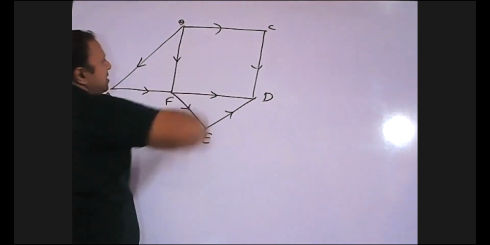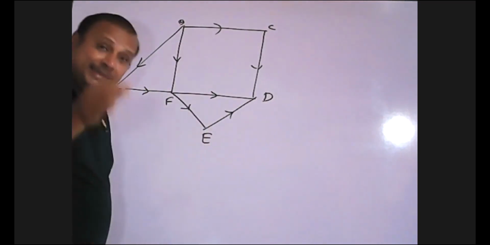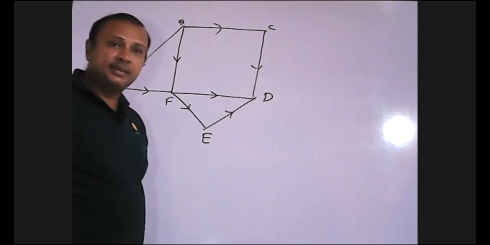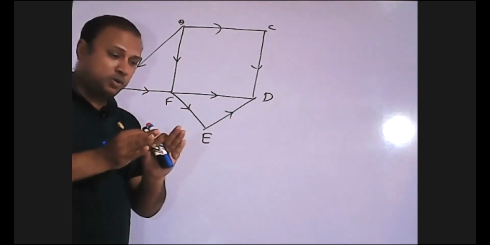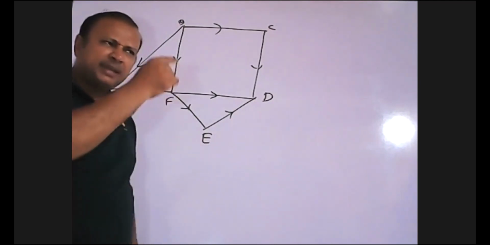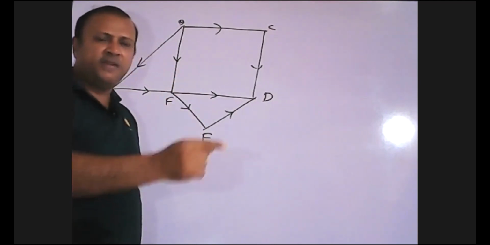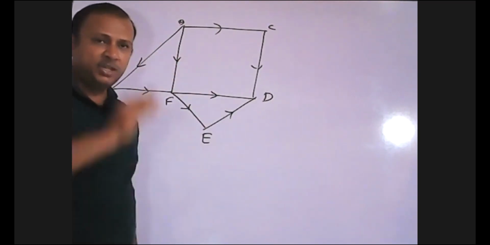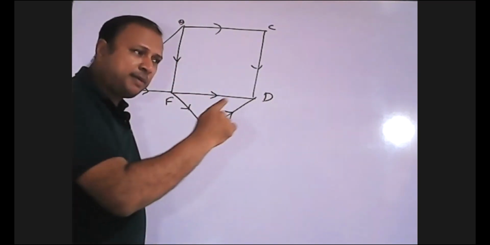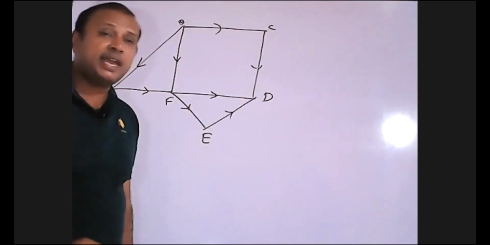So likewise, there is no closed loop. Then, as I said earlier, you have to consider the maximum number of vectors which are in the same order.